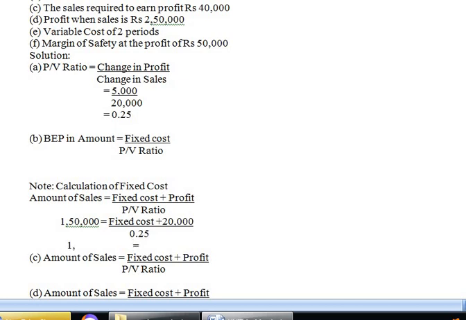Okay. So 1,50,000. This PV ratio 0.25, when we take it this side, it becomes multiplication. So that is equal to fixed cost plus profit is 20,000.